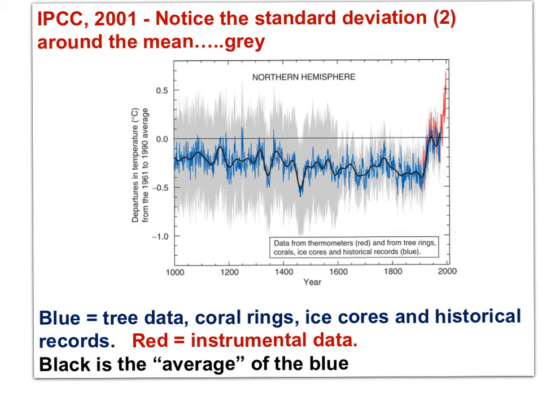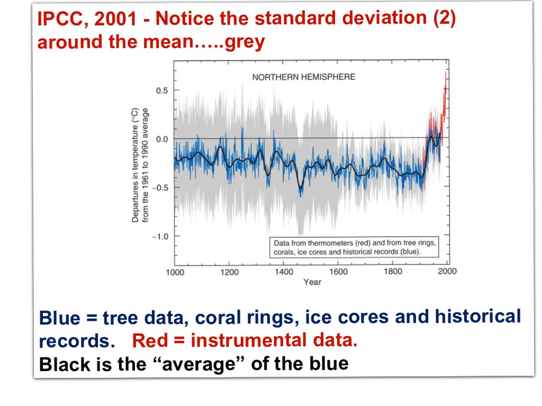Now, out here to the right, we see in red, this is instrumental data, thermometer data, and it's attached at the end, but you can see how the temperature is rising. In gray is the standard deviation of the data. Two standard deviations, actually, to present the greater uncertainty in the proxy data.